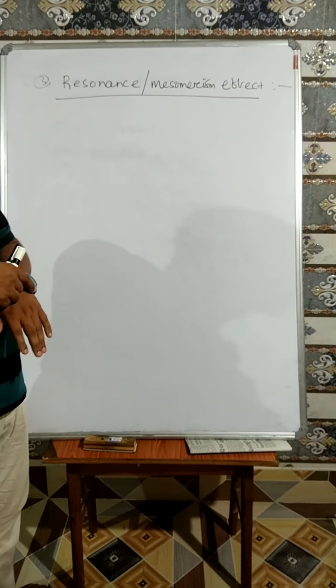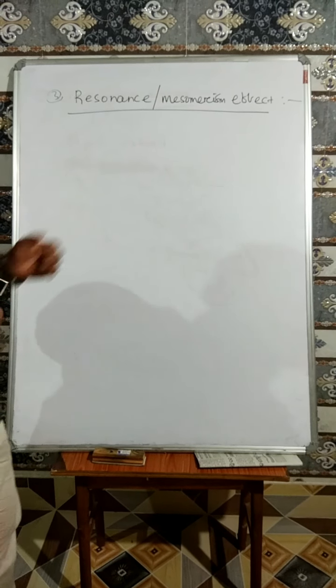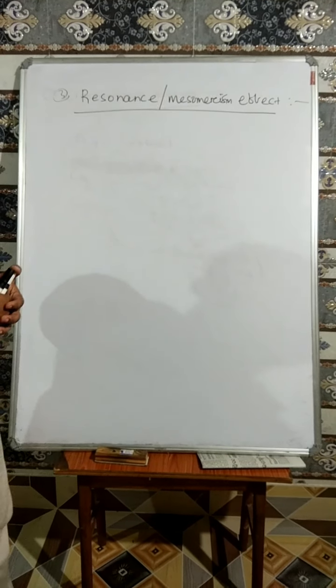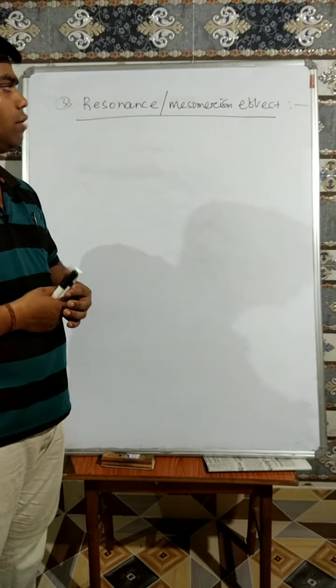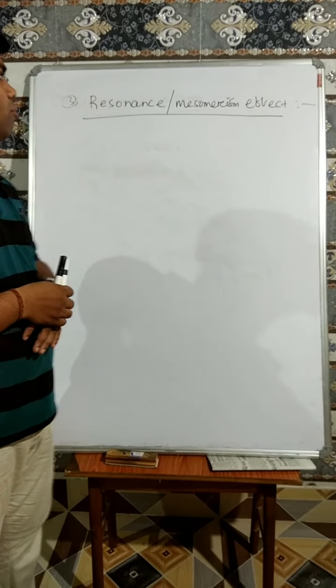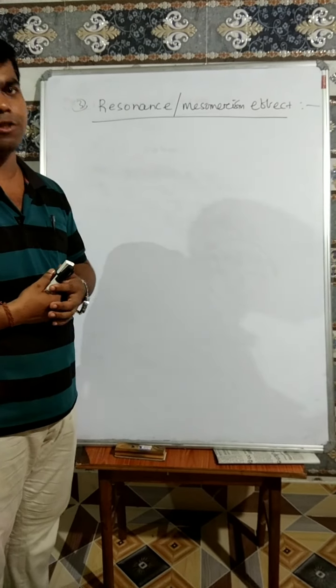So in that case, the different structures which are obtained for a compound, this mechanism is called resonance or mesomerism. In another way, the delocalization of a pi electron in a conjugated system from one part to another part by resonance is called the resonance effect or mesomerism effect.